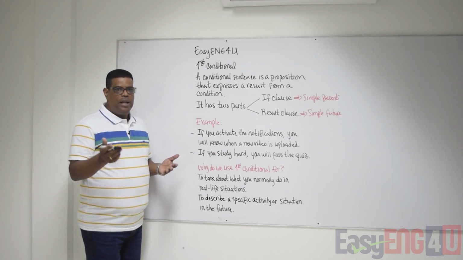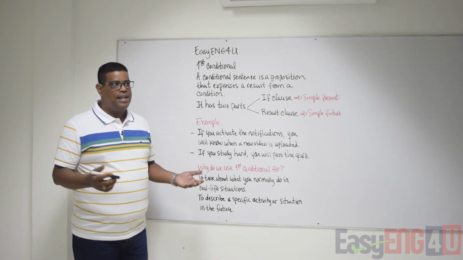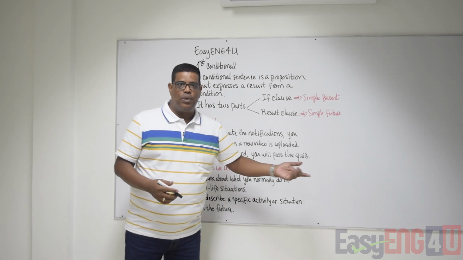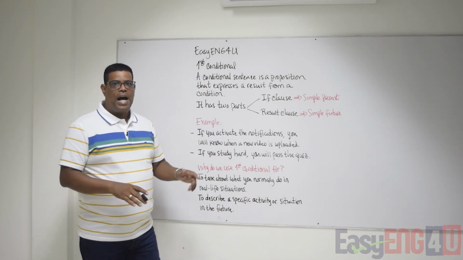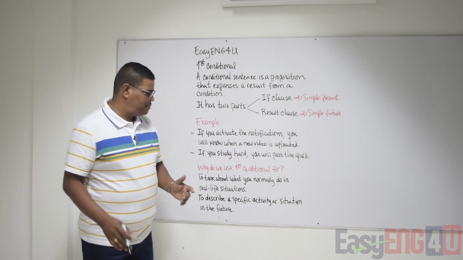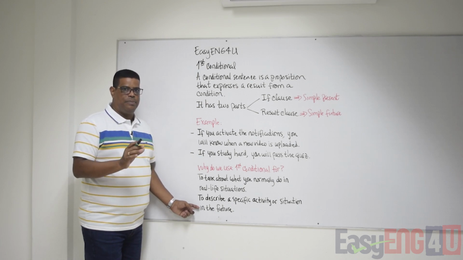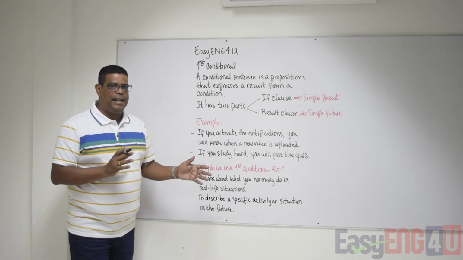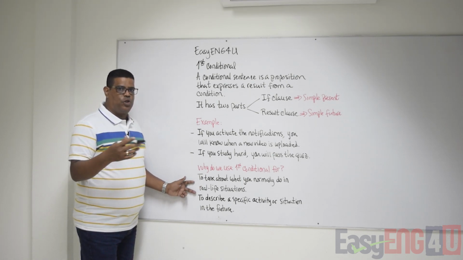For example, I study today for an English quiz that I'm going to take tomorrow. But if I study hard tonight, I know for sure I will pass the exam the next day. Again, it's in the future. Very simple.